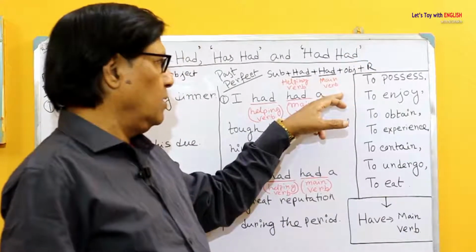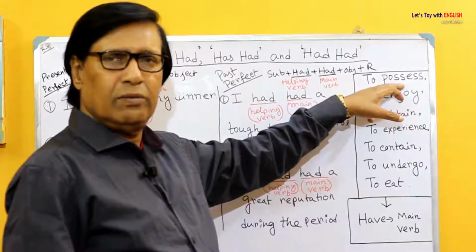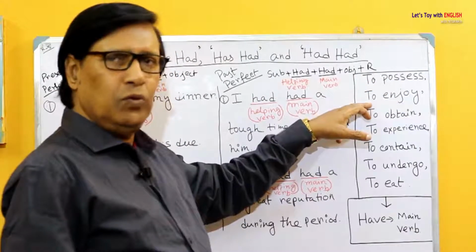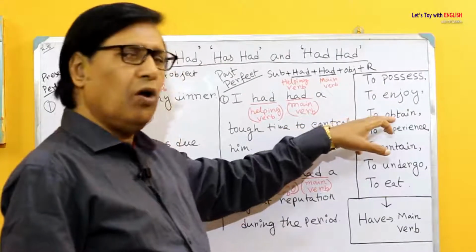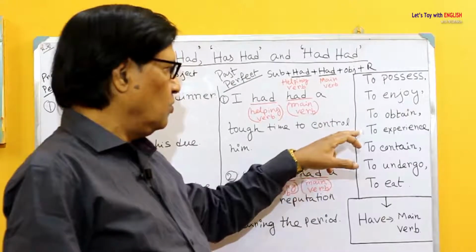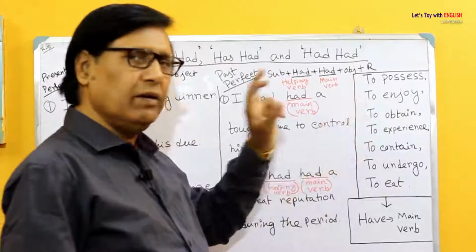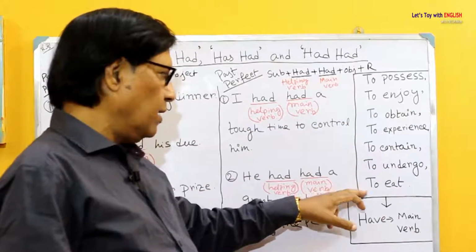The verb to have is used to mean possess. Again, to enjoy, to obtain, to experience, to contain, to undergo, and to eat.